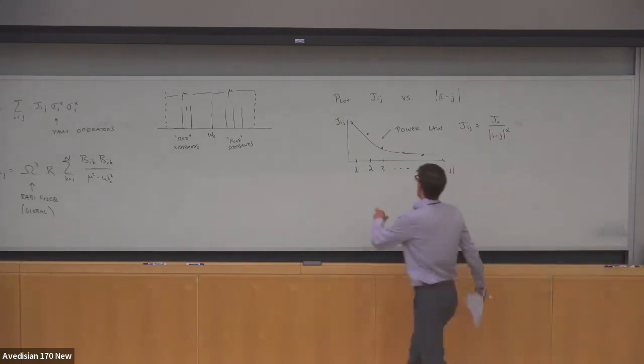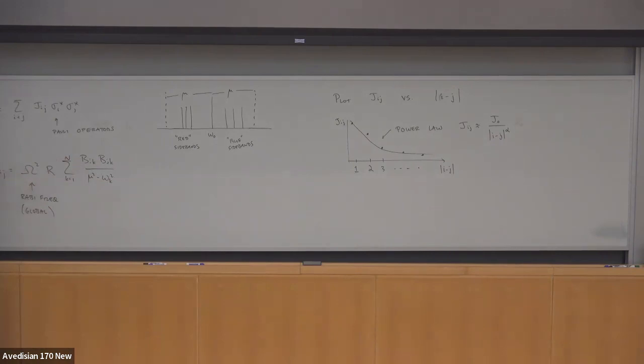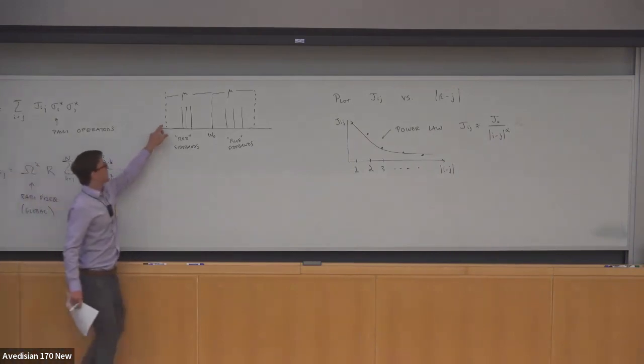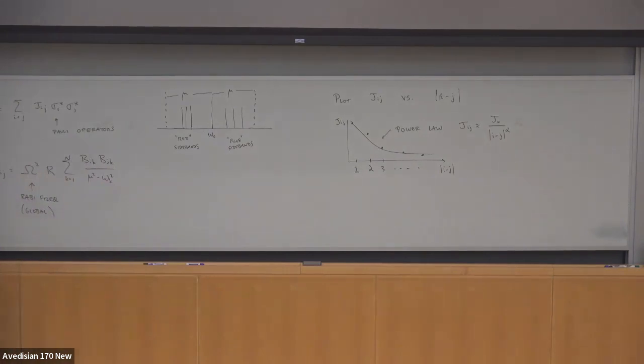These points come from the calculation right here. I have a harmonic trap, which means I have normal modes. I've got these colors, mu plus and mu minus, and then I can calculate everything I need to know about this Jij. Those are the dots on that plot.